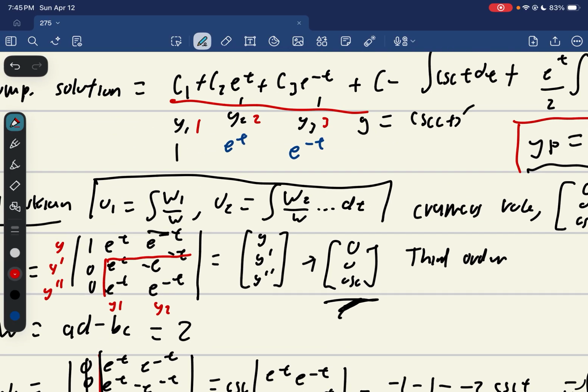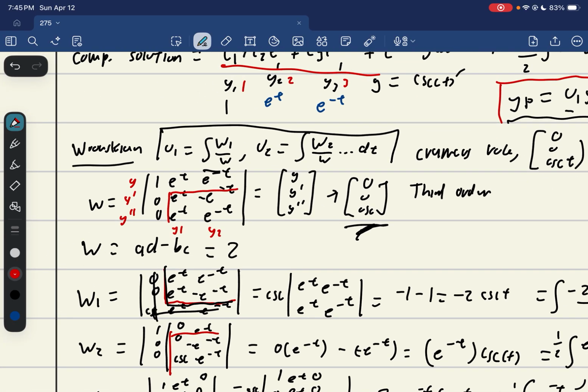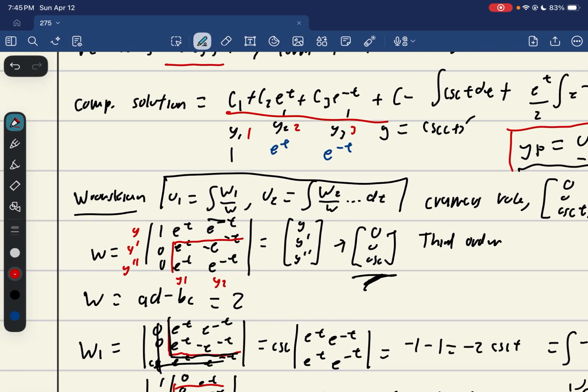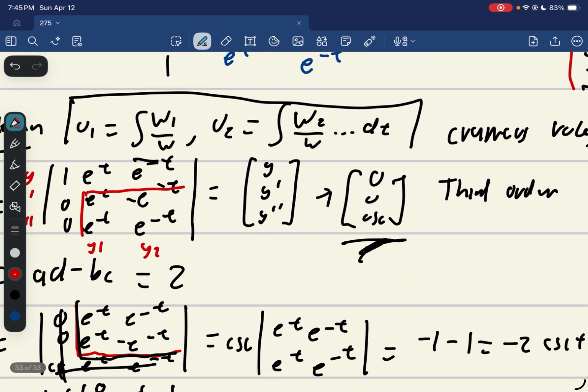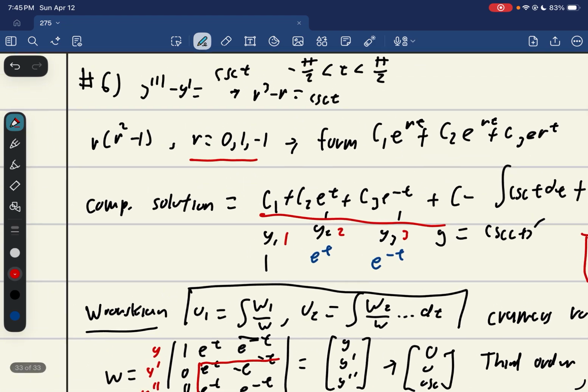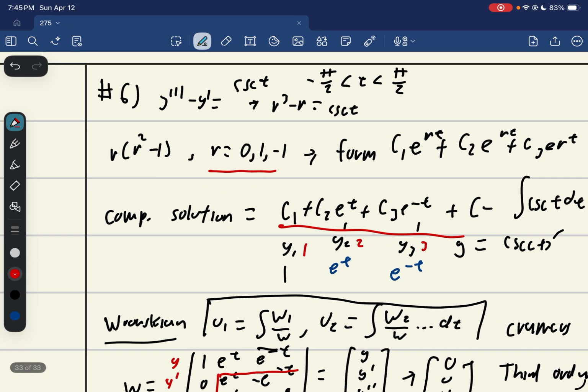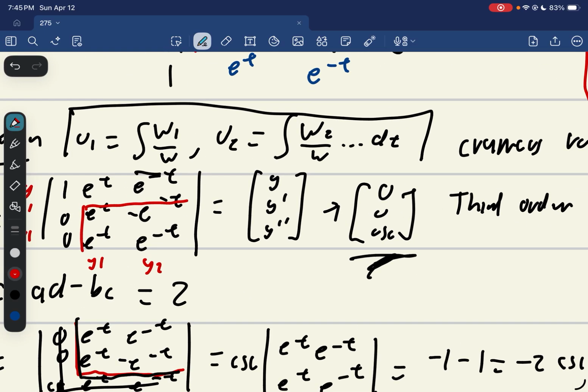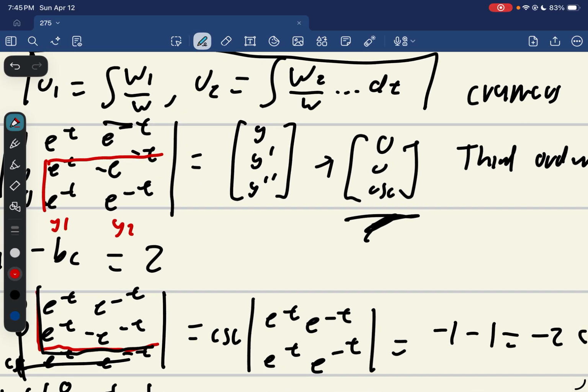One trick, or I guess the way I did it, since this is a third order, is that cosecant of t is the y triple prime, so we can use a 3x1 matrix.